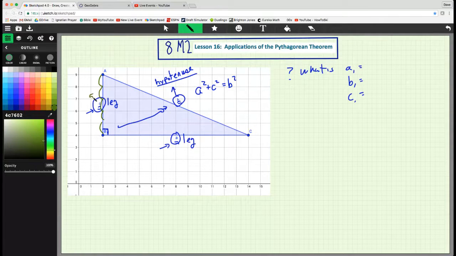So this is 5. And this other leg, we can count this one out: 1, 2, 3, 4, 5, 6, 7, 8, 9, 10, 11, 12. So this side is 12.